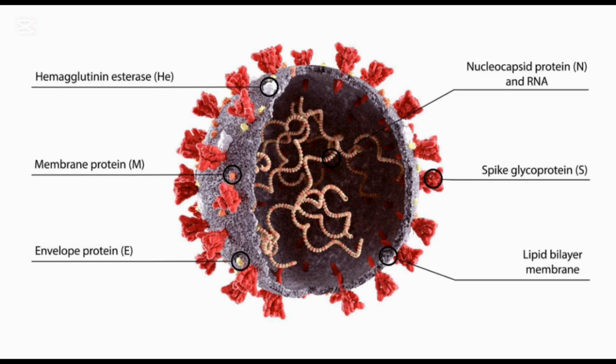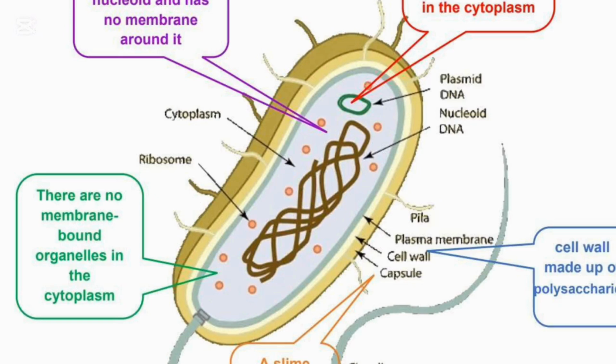I want you to go back to part 1 of this video on the playlist and try to understand the structure of a virus. And also go to another video that tells you how the structure of a bacteria looks like. You will notice that both of them don't have a well-defined nucleus, or they are prokaryotic. They have no nuclear membrane.